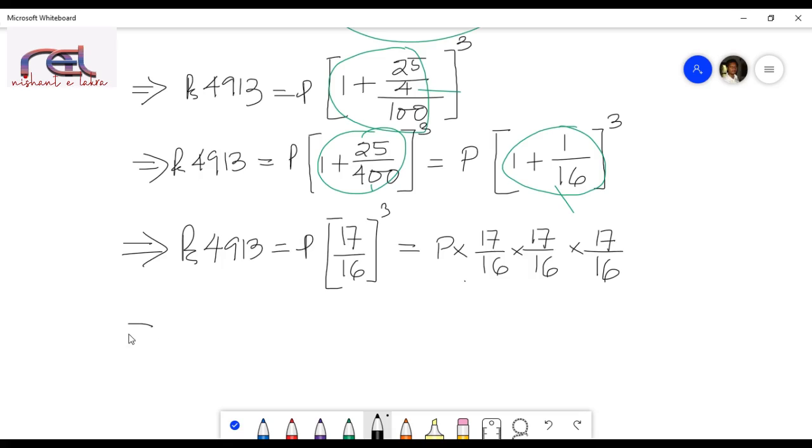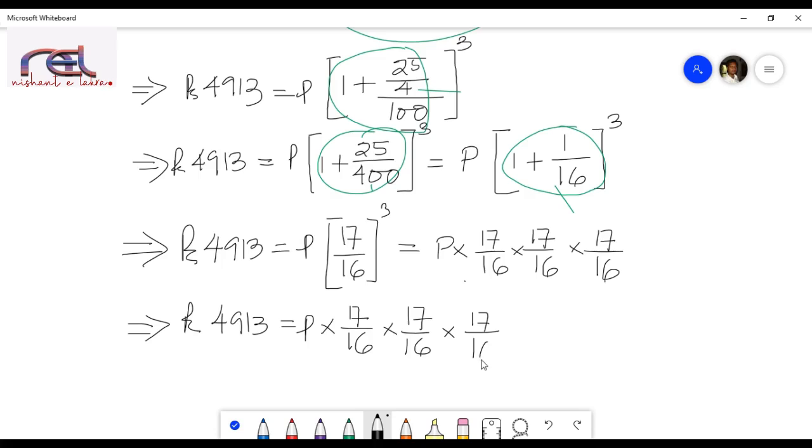Now what is our next important step? Let me write it in one place so that you can understand it better. Rupees 4913 is equal to P into 17 by 16 to the power 3, which is multiplying 17 by 16 3 times.